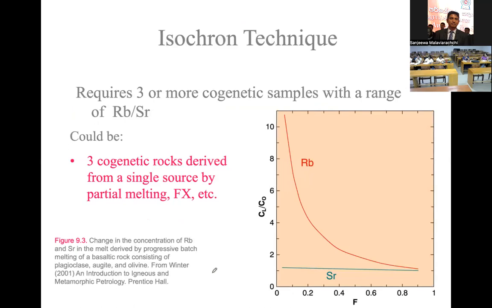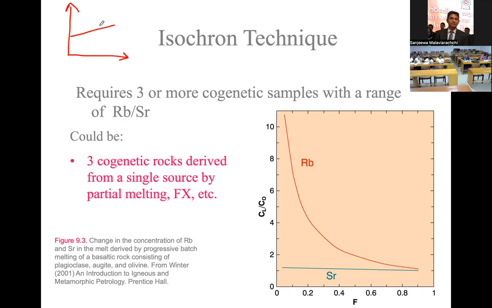Okay, so we talked about a line, remember previously. We said that we measure the ratios of parent and daughter and plot them, and they behave more or less in a straight line, according to the equation, right?